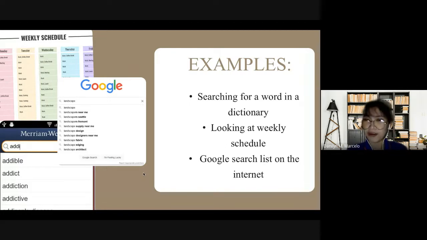The third example is a Google search list on the internet, just like what you are seeing in the picture. There's a Google search list on the internet, and there's a lot of text in the list, and you are scanning, or reading rapidly, because you are looking for specific information, a specific meaning, a specific word.